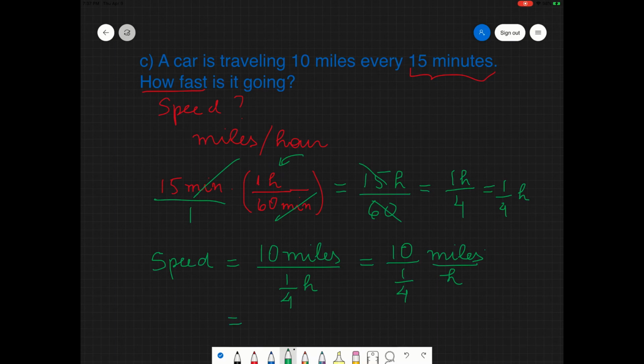So if we flip the bottom fraction in this complex fraction and multiply the numerator, which is 10, we have 10 times, flipping the bottom, which is 4 over 1, and the answer is going to be miles per hour. So the speed is 40 miles per hour.